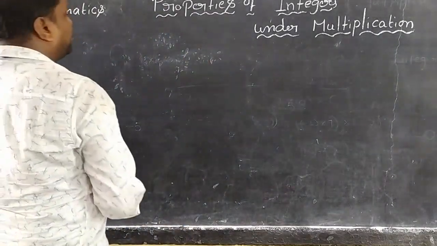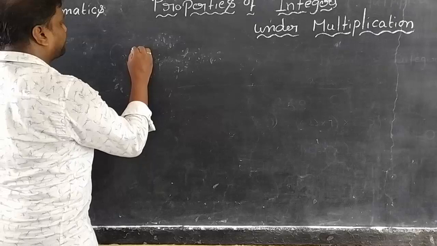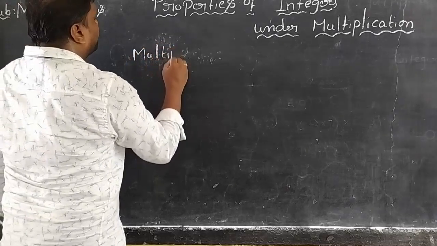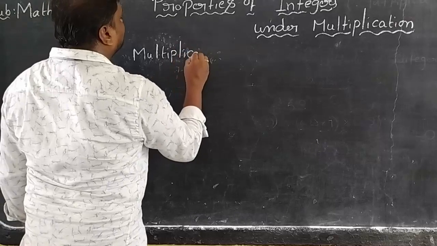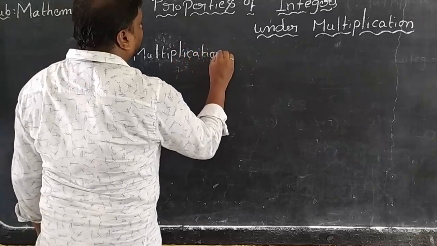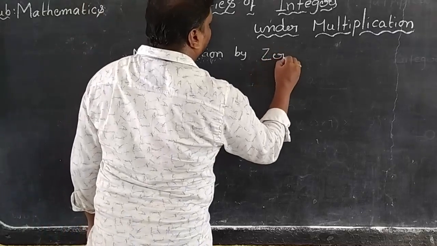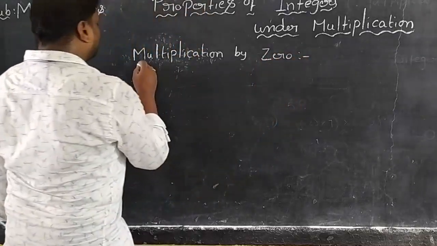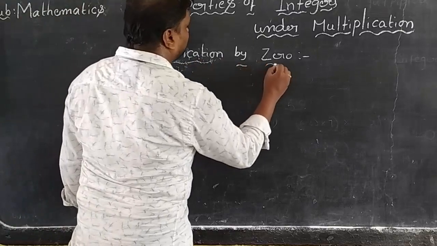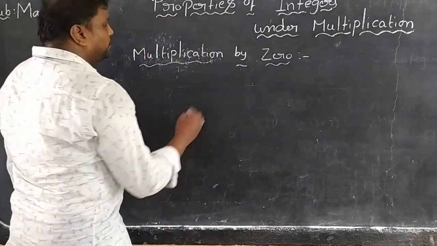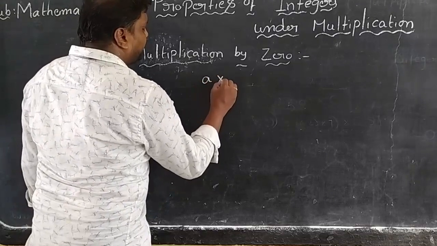Next property is multiplication by 0. Take any integer, for example, a is an integer.